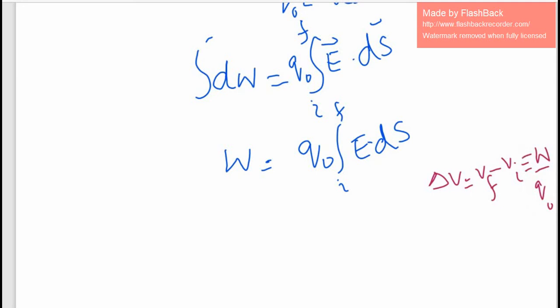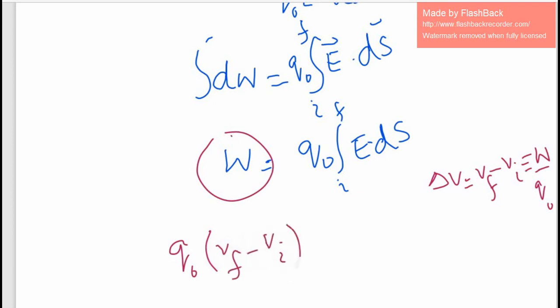So instead of W, I replace it with Q naught times (Vf minus Vi), which is equal to minus Q naught times the integral from I to F of E dot ds.